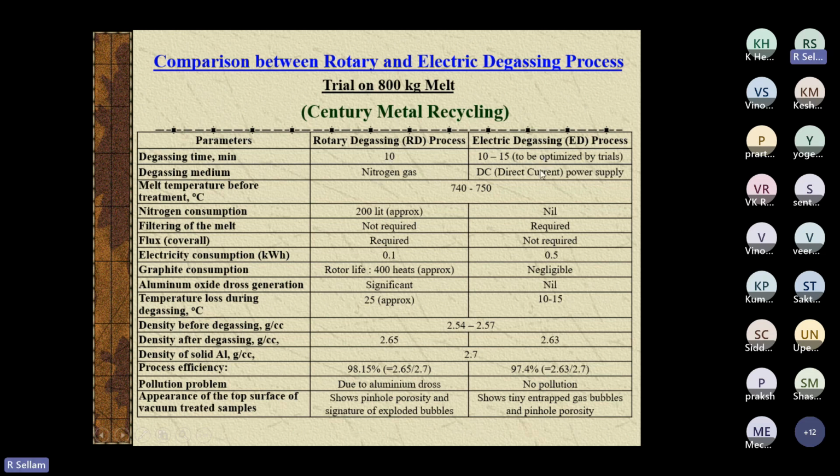Degassing medium is nitrogen gas in theirs, DC current in ours, and the melt temperature for treatment is 740 to 750 degrees centigrade. Nitrogen consumption is approximately 200 liters. Here there is no nitrogen consumption. Filtering of the melt is not required there, but for the electric degassing process, you have to remove the dross produced, associated with the molten metal.